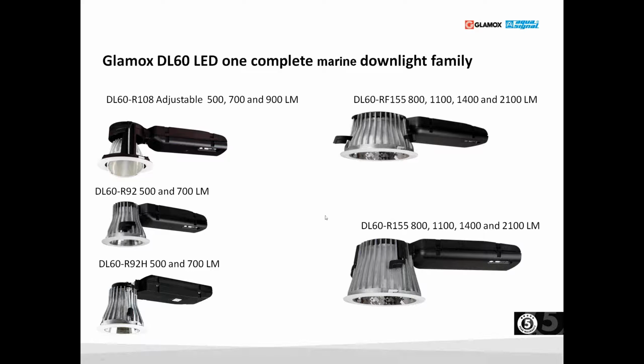So that means that we have a member, the R108 that we have launched, which is the adjustable. It has from 500 up to 900 lumen light output. The cutout for R108 is similar to the old DL100 downlights we had from Høvik. So that's also an alternative for retrofit.